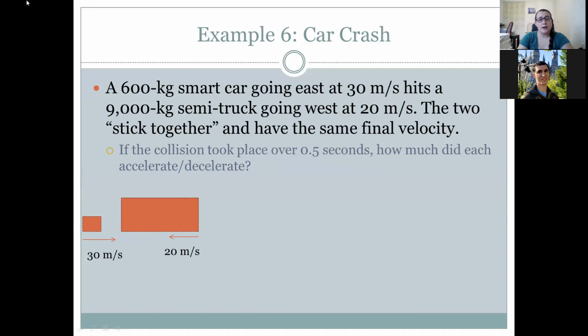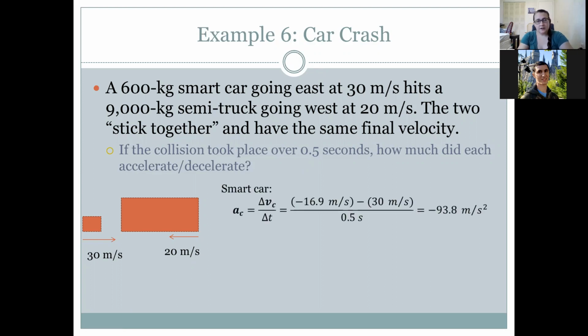So next question about this. If the collision took place over 0.5 seconds, how much did each accelerate or decelerate? Remember, we don't really say decelerate in physics, but in real life we do, so I'm putting it in there. All right.